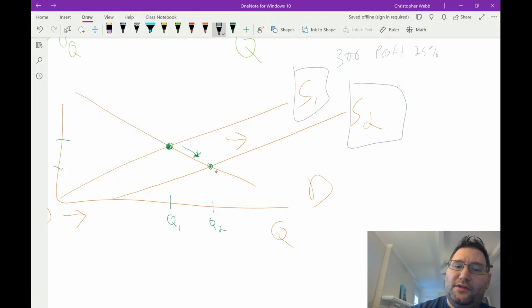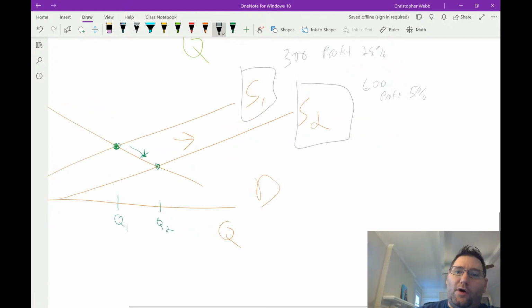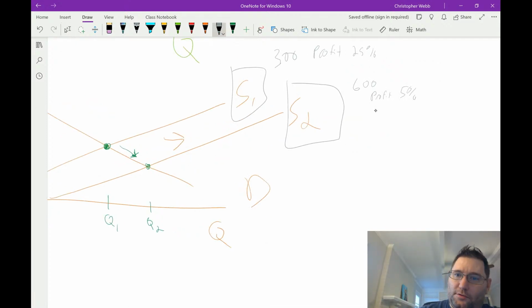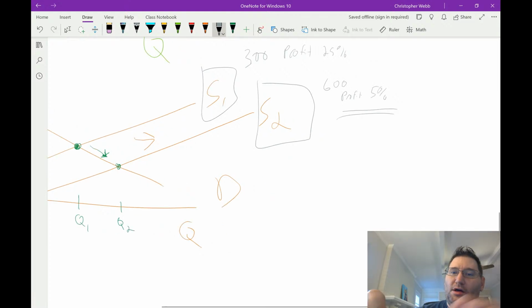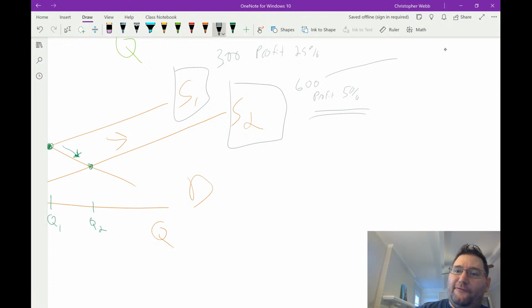Well, this new price point here, let's say it's made up of 600 suppliers and their profit margin now is 5%. What's that going to do? Because this is an overall profit margin, some of these 600 people are going to say, I can get 15% somewhere else. So they are going to exit the market.